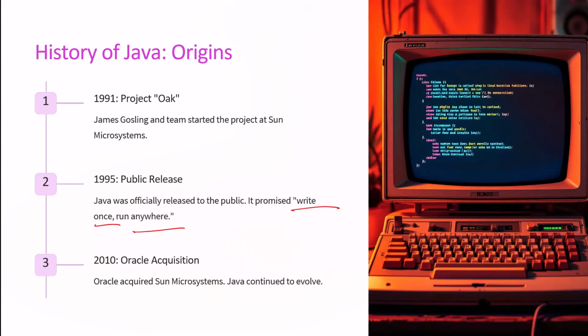Now in 2010, Oracle actually acquired the Java language from these people, and they have continued to maintain the code, maintain the language, and improve it, and some interesting features have also been added.